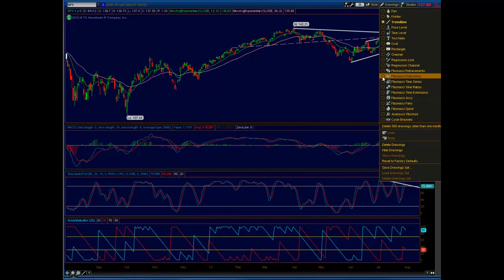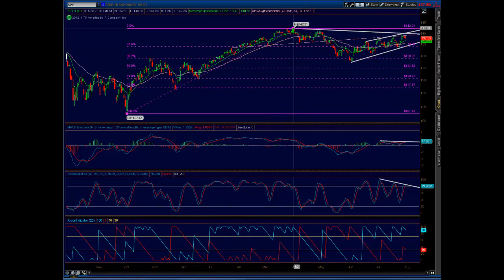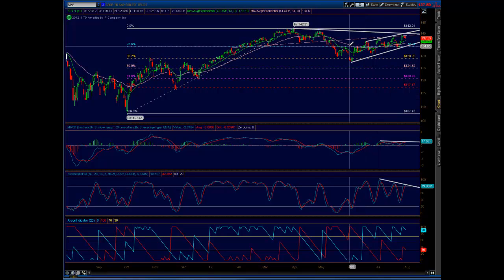Now, I had talked about before how we had entered the 38% retracement right here. We had entered it so deep that we will have to go to the 50% retracement. That's still in play. Unfortunately, this pattern that has developed has taken a little bit longer than I anticipated.